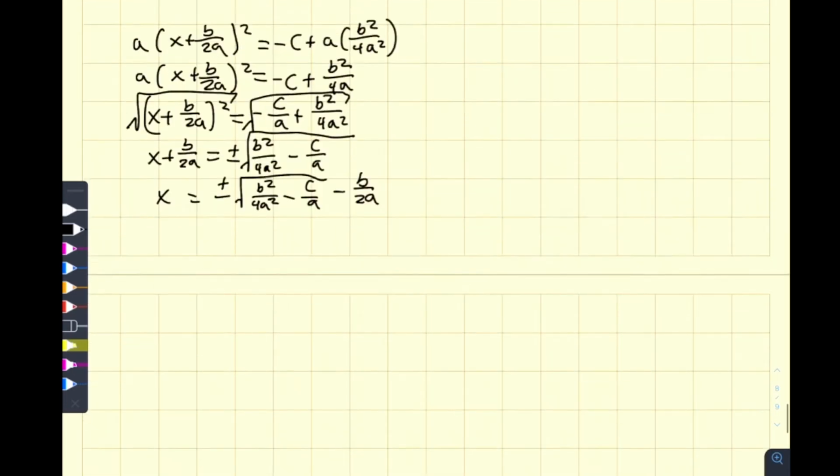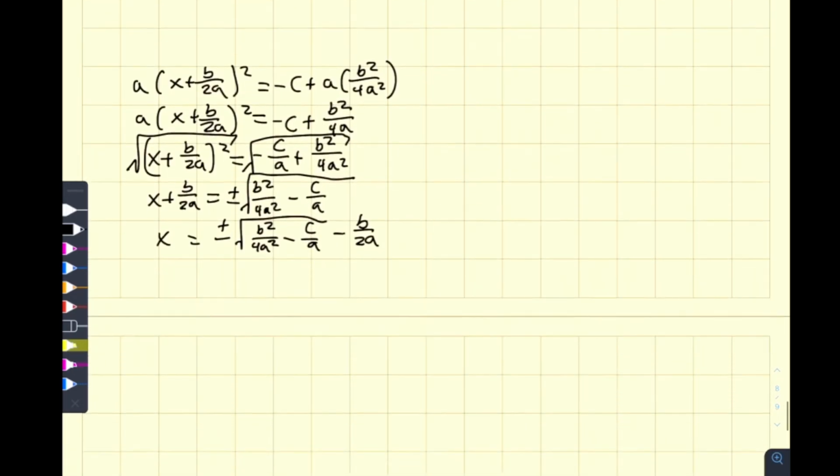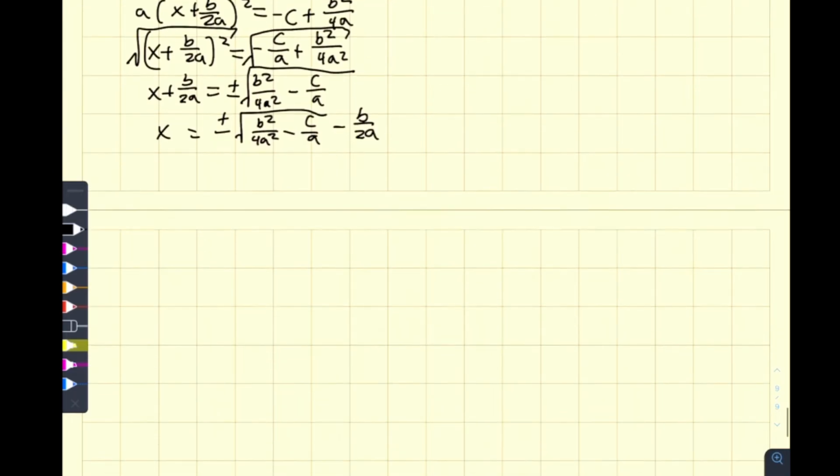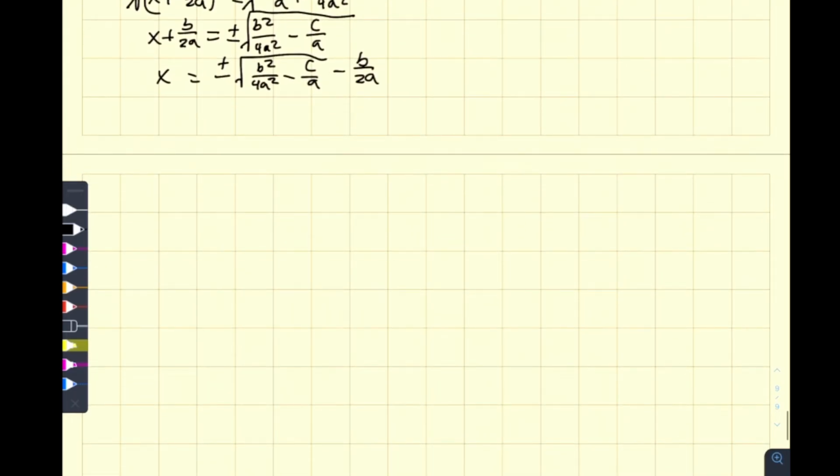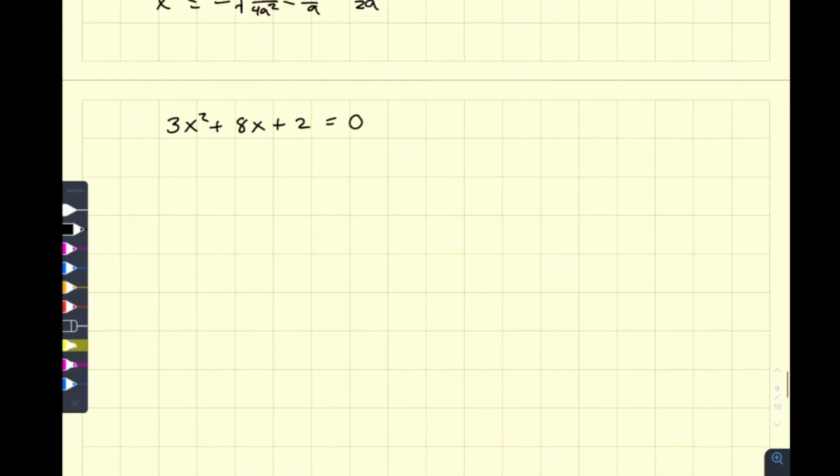So let's look at an example with real numbers with a coefficient on the x squared. So let's say there's 3x squared plus, let's say 8x plus 2, sure, equaling 0. I'm going to move the 2 to the right side.